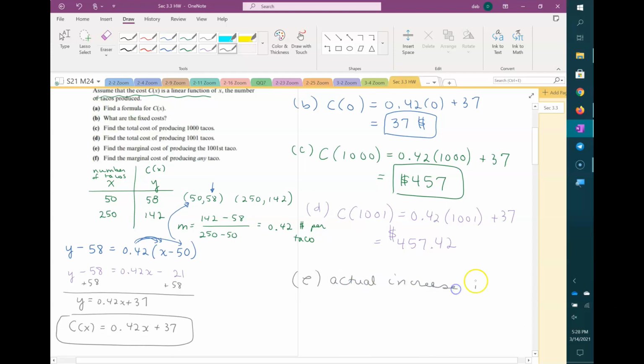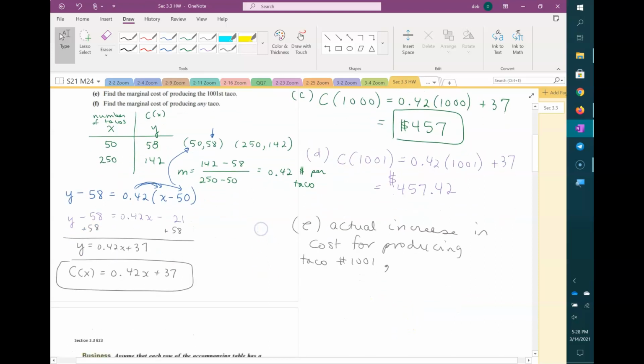So part of the point of this problem is to notice that when we do the actual increase in cost for producing taco number 1001, it will be C of 1001 minus C of 1000. And we notice that's 42 cents.